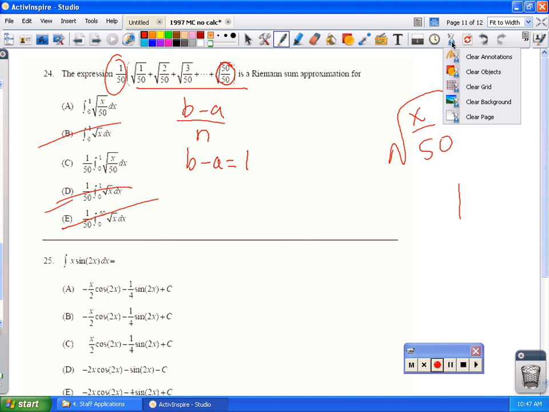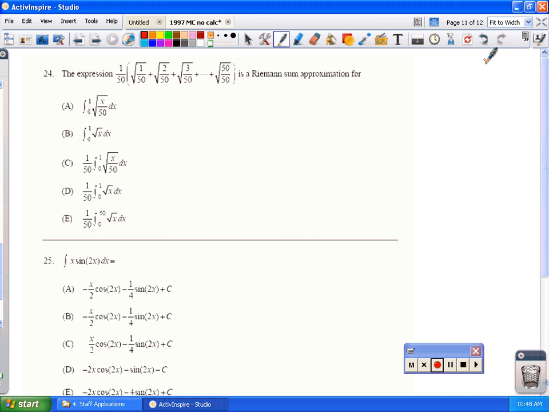Let's rehash that. Are you ready to back up? So if we're moving 1/50th, we start on the number line at 0, we move a 50th. That's the x value of the first right endpoint, and we're taking the square root of it. Then we move to the second right endpoint, which is 2/50ths, and we take the square root of 2/50ths.